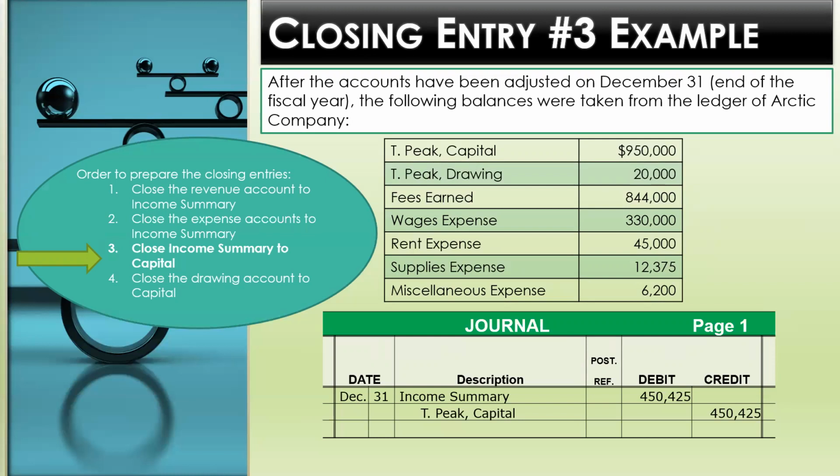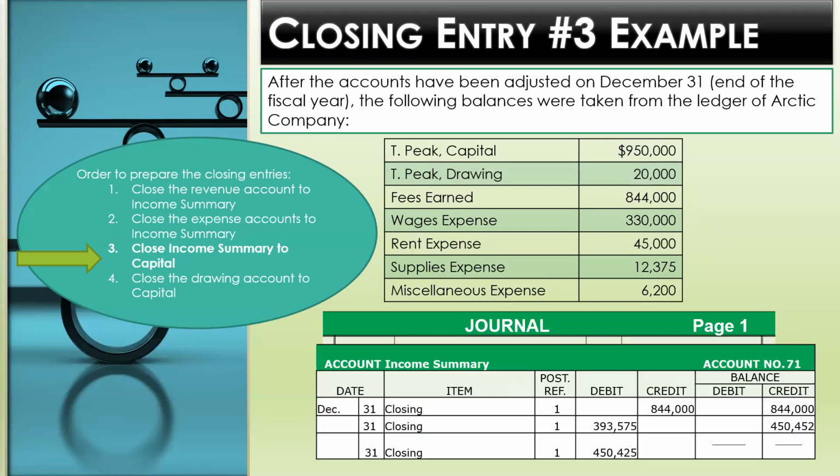Now you might be asking, where did this come from? Well, I have your answer. This amount of $450,452 comes from the ledger for the income summary account. So this is what it looks like when we transfer those closing entries to the income summary ledger.